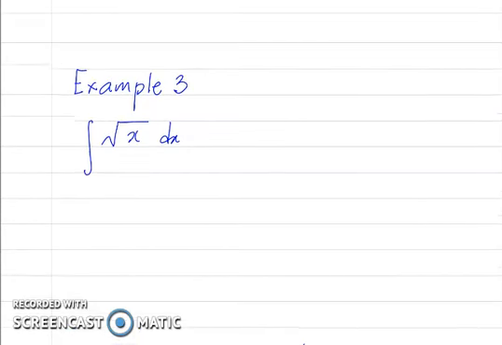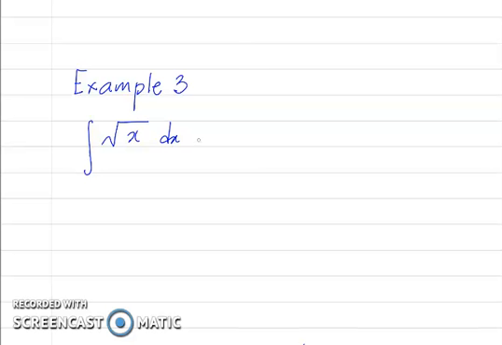First of all, this is the same as saying the integral of x raised to the half power. So square root is the same as saying the power is a half. Now, this is again integrating a function of the form x to the n, where n is the power. We have to increase the power by 1, then divide by the new power and add c.